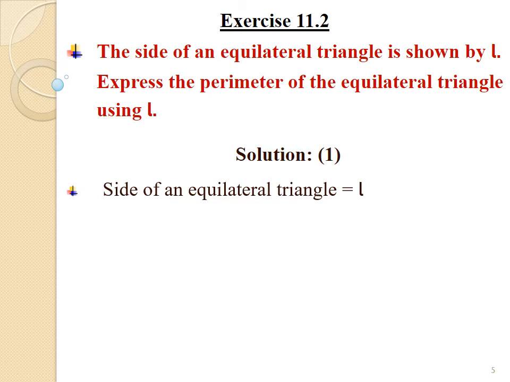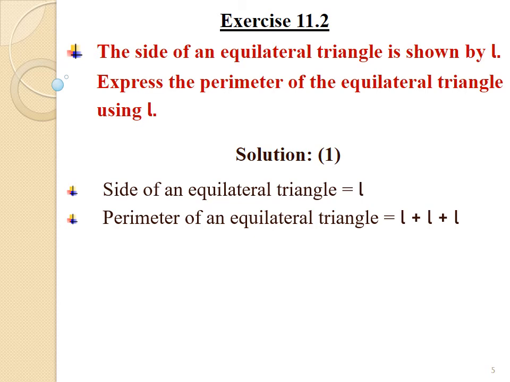Thus, we can say that the perimeter of an equilateral triangle equals L plus L plus L equals 3L.